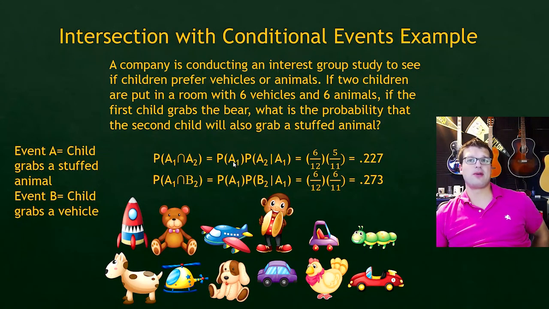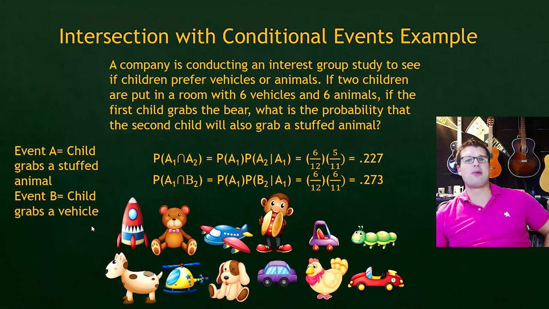And so we've got the probability of A. First of all, what is the probability of A for child 1? Well, you look at this and see they grabbed a stuffed animal. There's 6 stuffed animals out of a total of 12. So 6 out of 12, which is 0.5. Okay, so 0.5 multiplied by the probability of A sub 2 given that A sub 1 happened. Well, now there's only 11 items left.